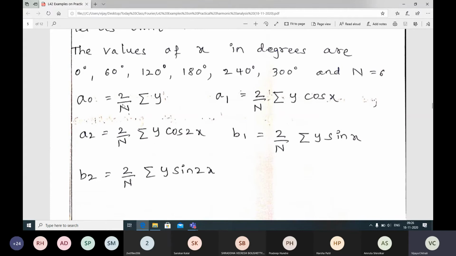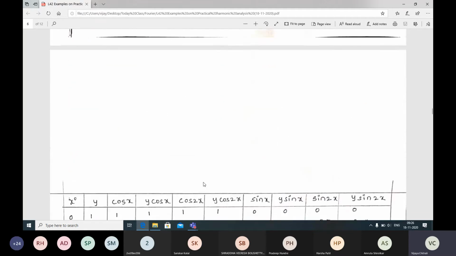So capital N is 6. The values of x are 0, 60, 120, 180, 240, 300. Now prepare the table.